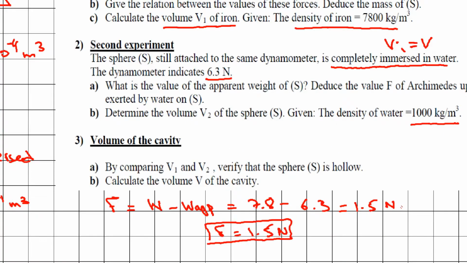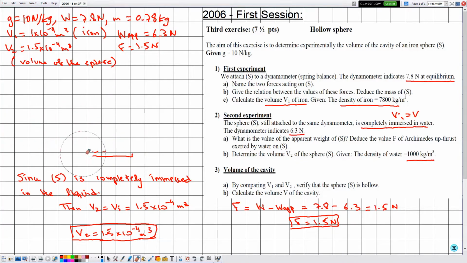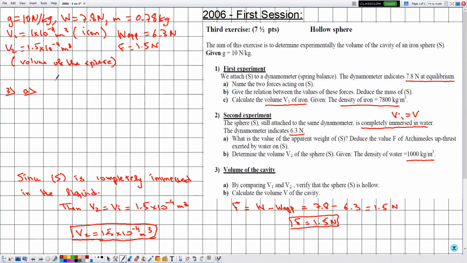Now part 3, volume of the cavity, part A. By comparing V1 and V2, first let's do the comparison between V1 and V2.